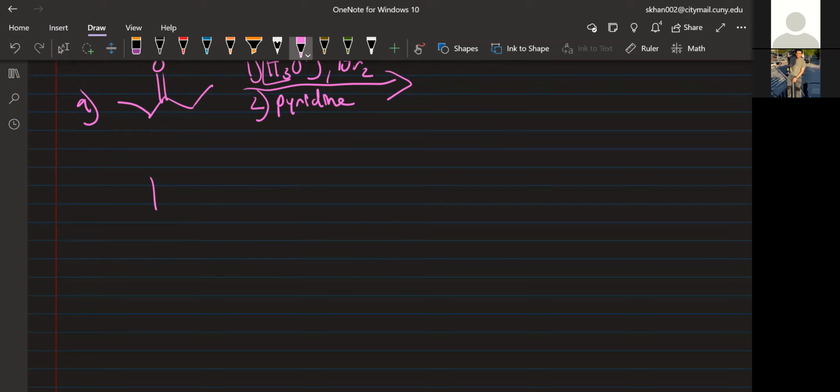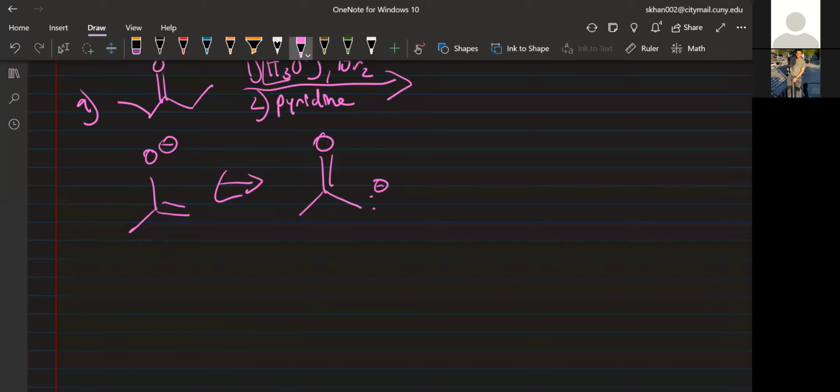Under basic conditions, we form something that looks like this, O minus, and that makes sense too, because we're under basic conditions, there wouldn't be any proton on the oxygen, right? And that could resonate and look like this. In terms of charges on a species, it makes sense because we have negative charges in a basic solution.